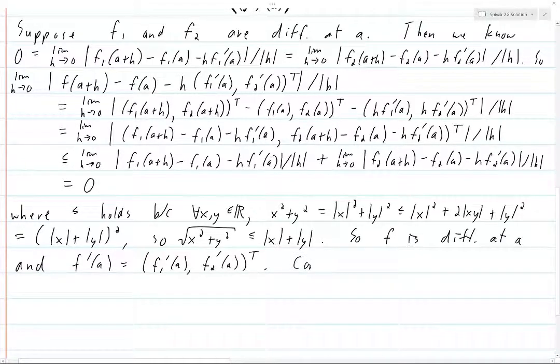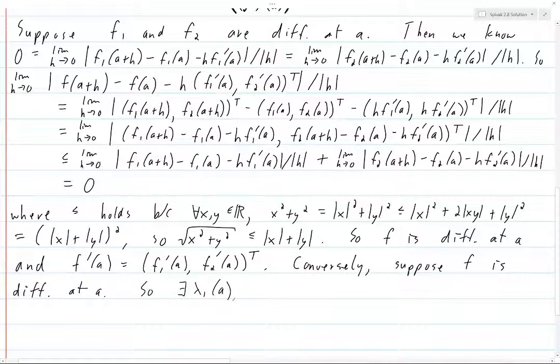Alright, so conversely, suppose f is differentiable at a. So this means that there must be some lambda 1 which depends on a and a lambda 2 which depends on a, such that f prime of a, well, this is a linear function, so we have to define it.